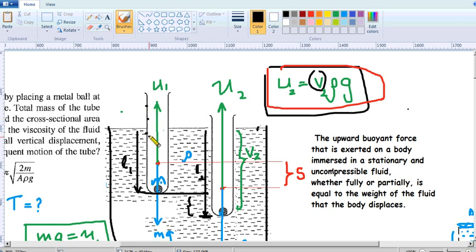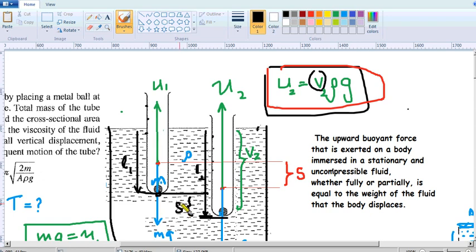All the points of this test tube, including the center of gravity, move down together. So this point moved down some length, and all other points of this test tube, including the center of gravity, must move down the same length, otherwise this test tube will break. So L2 minus L1 is S.